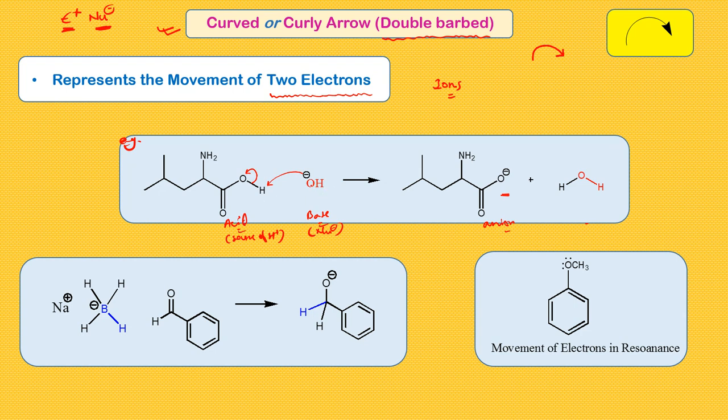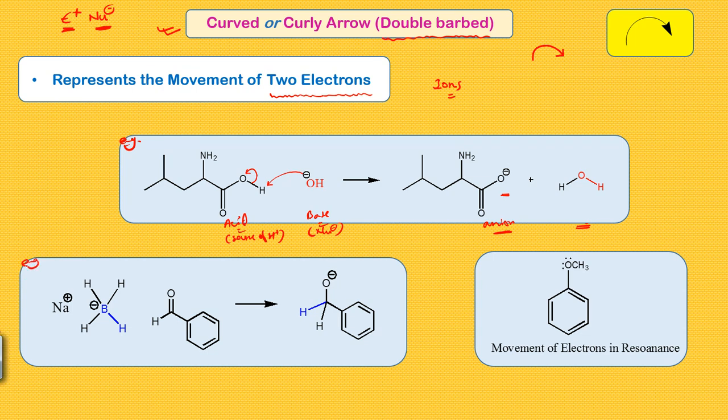So the simple transformation is the movement of electrons from the oxygen to hydrogen, and the cleavage of this OH bond, and both the electrons from this OH bond are shifted toward the oxygen, forming the anion. So this is the simple reaction that can be represented.